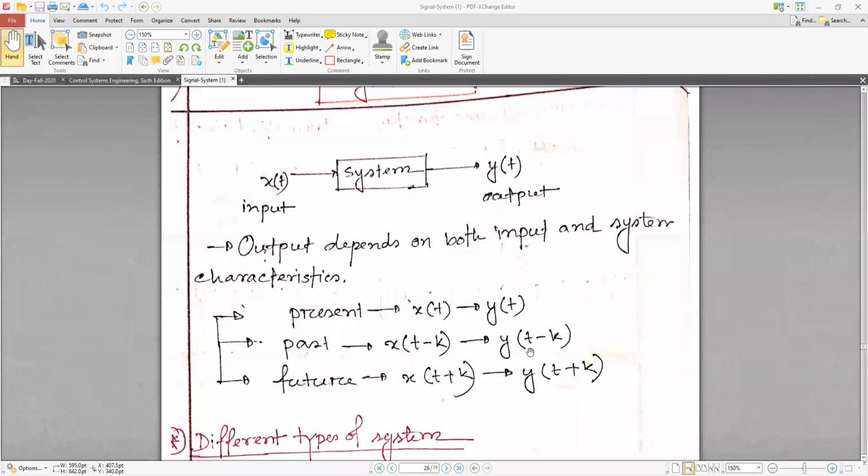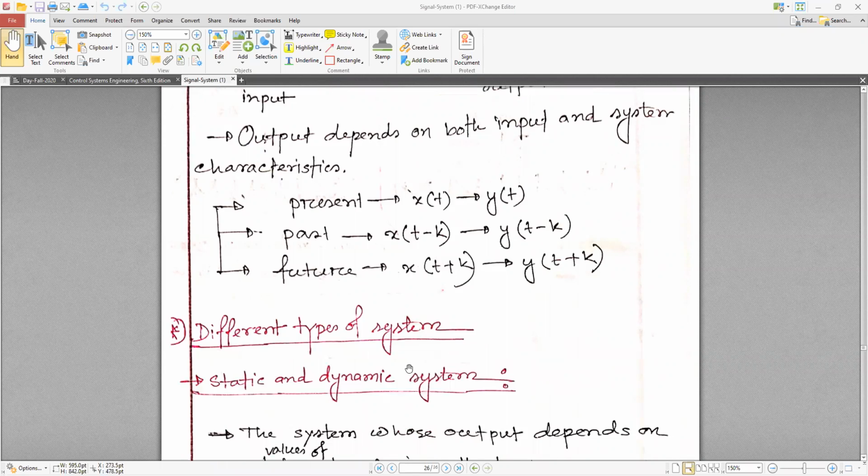Then the system will also be past, y of t minus k, and future, t plus k and y of t plus k. So the output depends on the system input and the characteristics of the system.